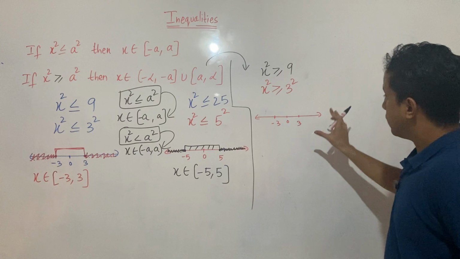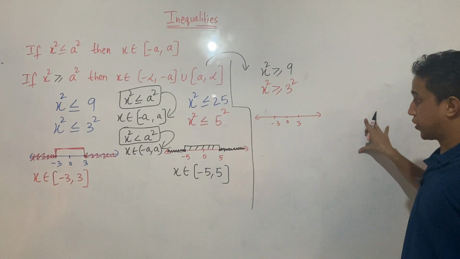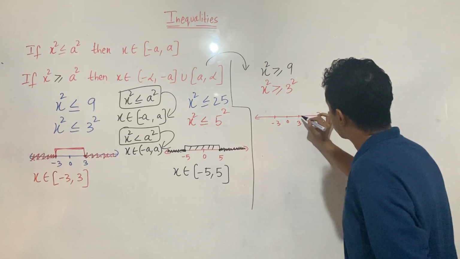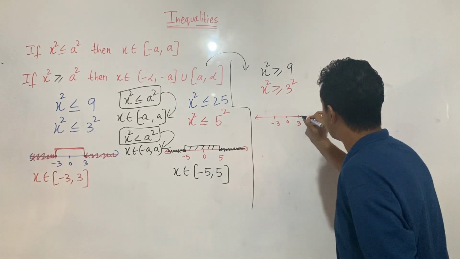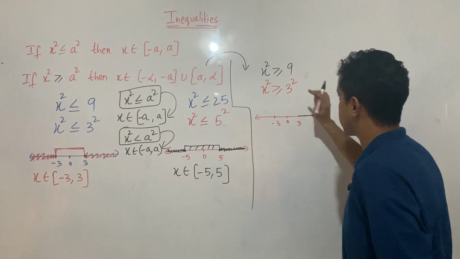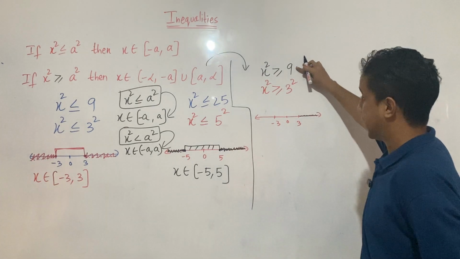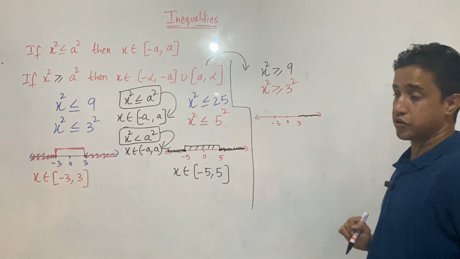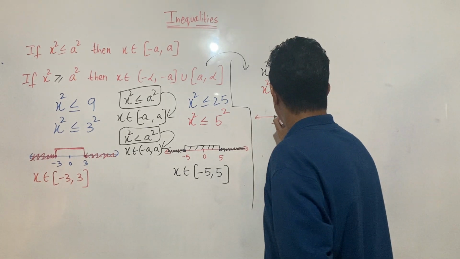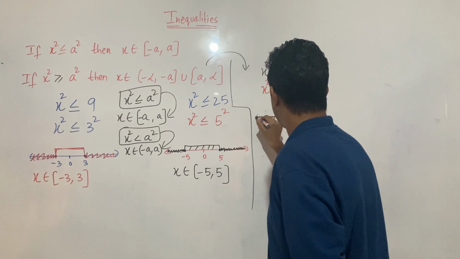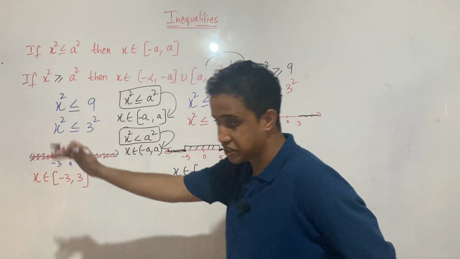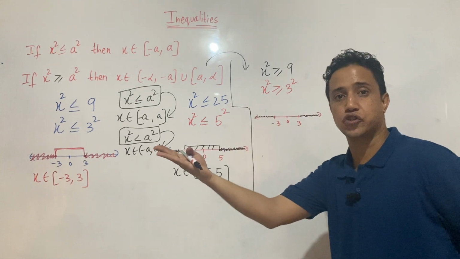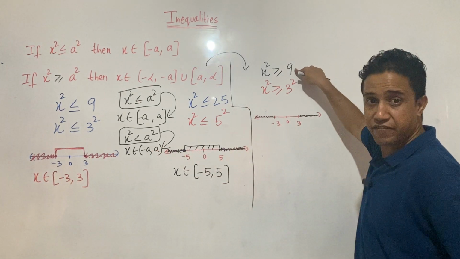Now these are the values of x on the number line. If you take values greater than 3, then for all these values x square is going to be greater than 9, so this region is included. And if you take all these negative values, if you keep on decreasing the value of x, you will get higher values of x square, so it again satisfies this.